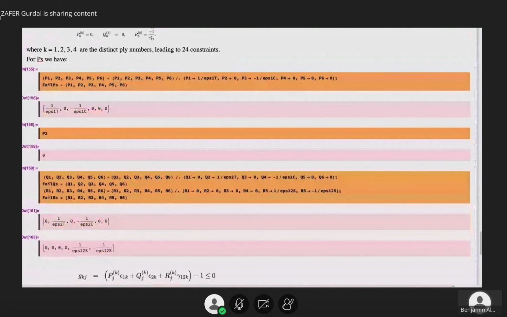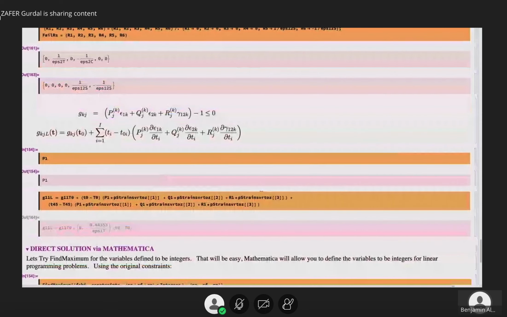So this is tedious, as you can see, but better be doing it.